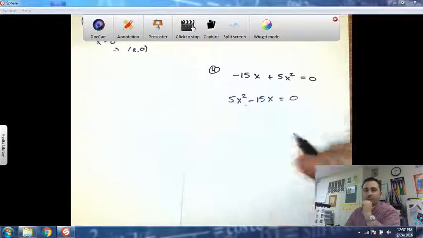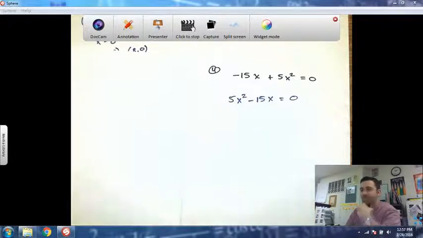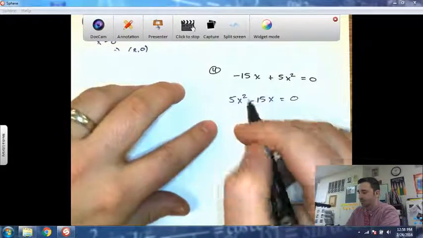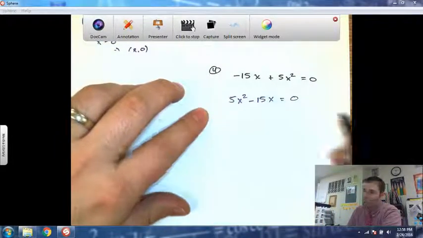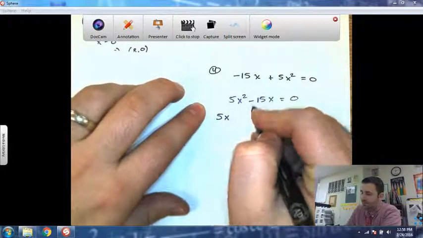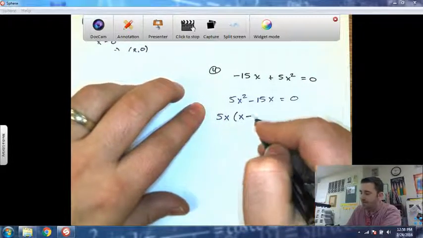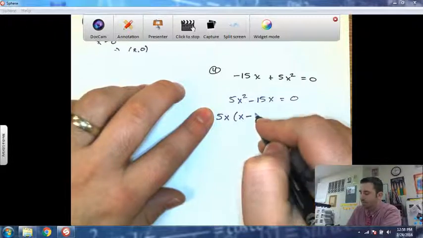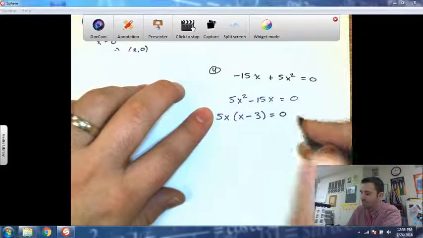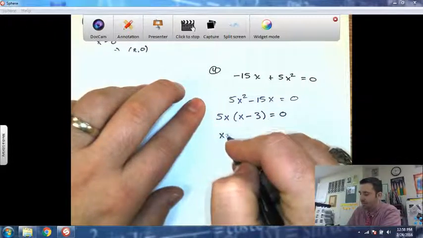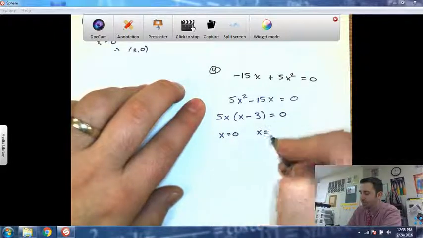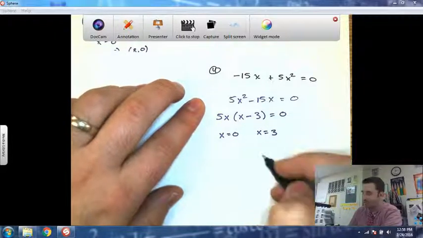And so this, we could factor in the traditional sense, thinking what factors add up to 0, and go about it that way. But really, we should be able to look at this and see a greatest common factor of 5x. And so by factoring out 5x, I'm left with x minus 3, which then the zero product property allows me to find roots at 0 and positive 3.